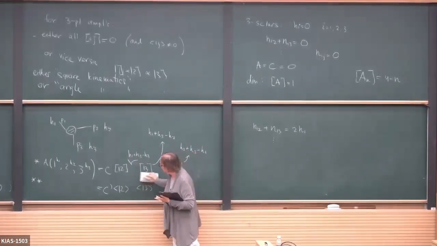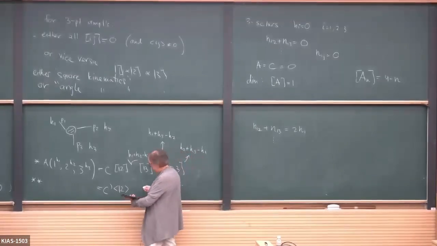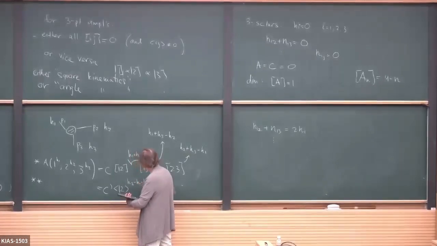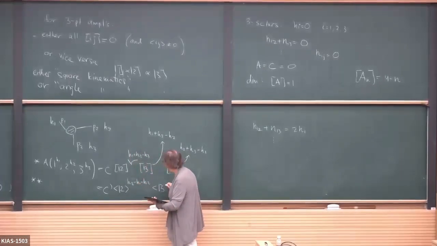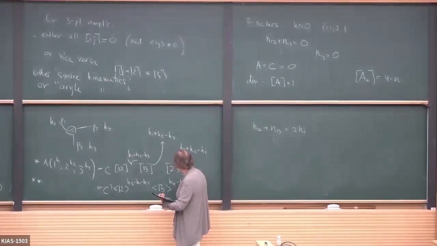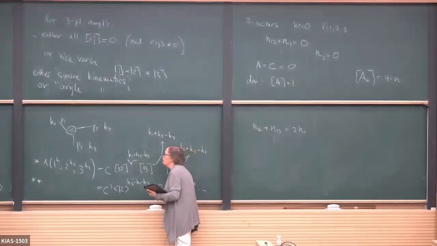This is just going to be the negative of that: h3 minus h1 minus h2 for 1,3, h2 minus h1 minus h3, and so on and so forth.